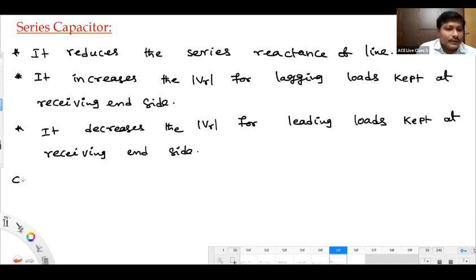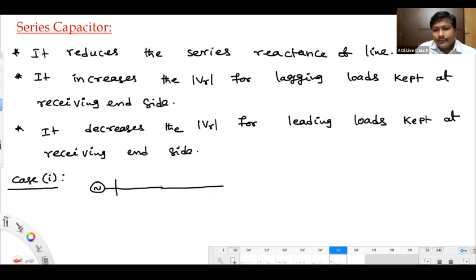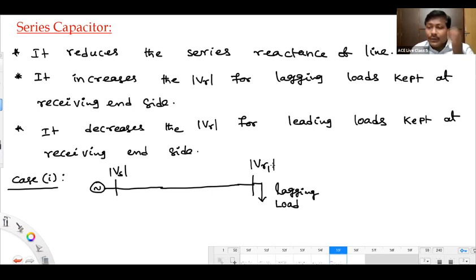See, case one, I am taking. So it was a source. This is a transmission line we have. And at the end, I am taking a lagging load only because it's a practical load we can experience. Sending end voltage we are calling mod Vs. Receiving end voltage I am showing as VR1 without series capacitor placement.